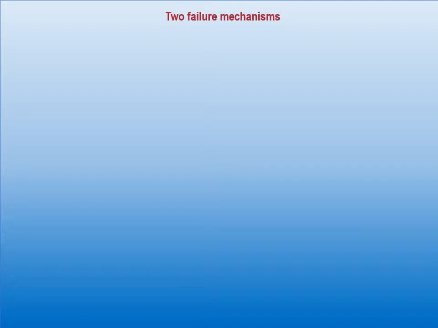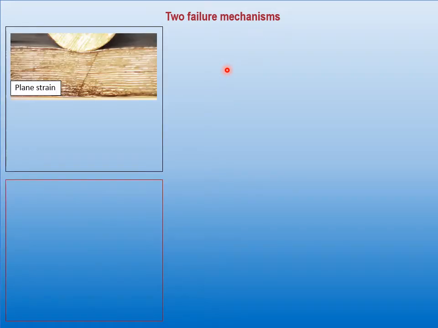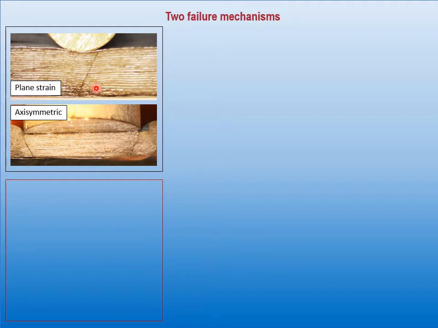Before we reconfigure our constitutive equations, we would like to first take a look at the failure mechanisms of these two cases. First of all, we have the plane strain condition. We have a very clear and clean shear fracture. And this is not only for plane strain. If we look at the test with a very large flat punch, which is also an axisymmetric condition, you also see this very clean and clear shear fracture.